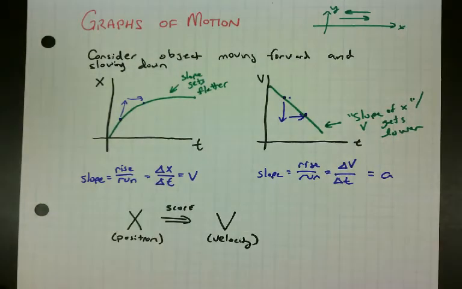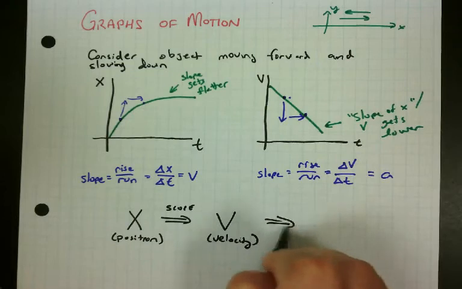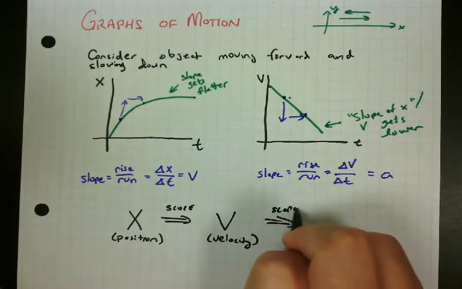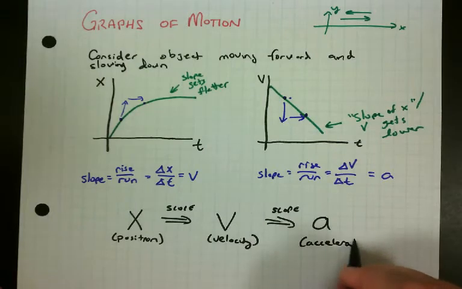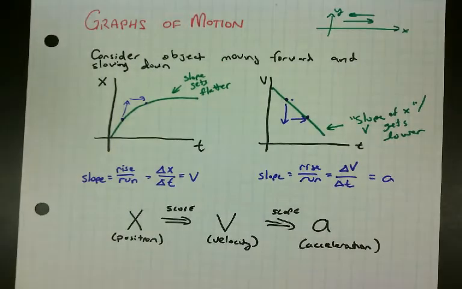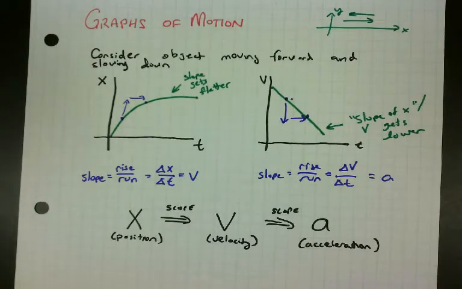And then if you take the velocity graph and you take the slope of that, then you're going to get acceleration. So the slope of a position graph gives you velocity. The slope of a velocity graph gives you acceleration.